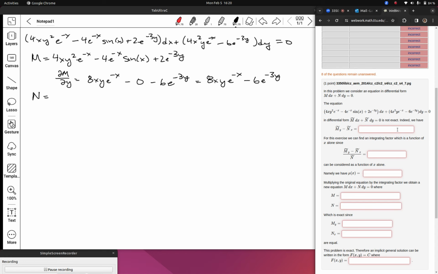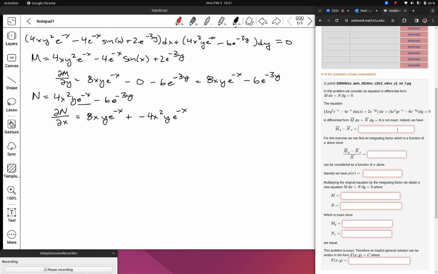My N is the thing that multiplies the dy in the equation in differential form. So it's that 4x squared y e to minus x minus 6e to minus 3y. And I need to take the partial derivative of that with respect to x. So from this first term, I'm going to get 8xy e to minus x, taking a derivative of this 4x squared, plus minus 4x squared y e to minus x.